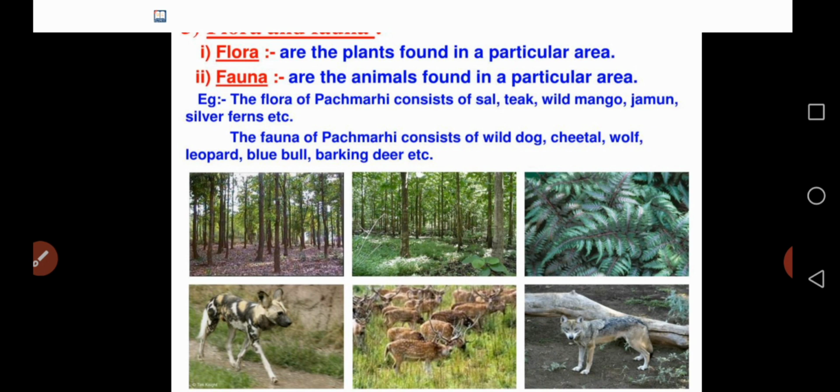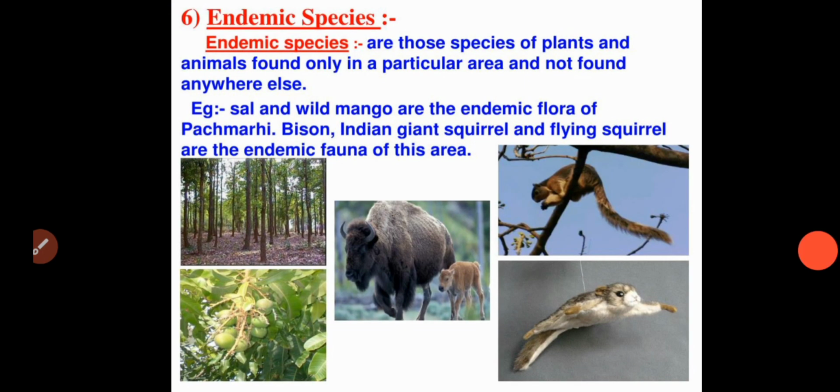Next, another very important point: endemic species. Endangered species is there, endemic species also. What is the basic difference between endemic and endangered species? First you have to know about endemic species, later endangered species.